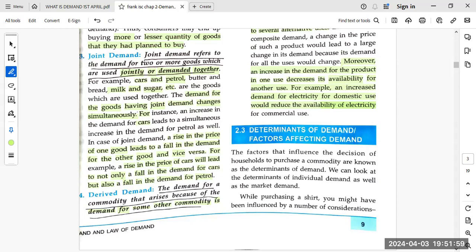So derived demand means the demand for a commodity that arises because of the demand for some other commodity. The demand for that commodity is coming because of the demand for some other commodity, not because of that commodity itself. So for an example, can you think of some example? Before I show you, can you think of some example?